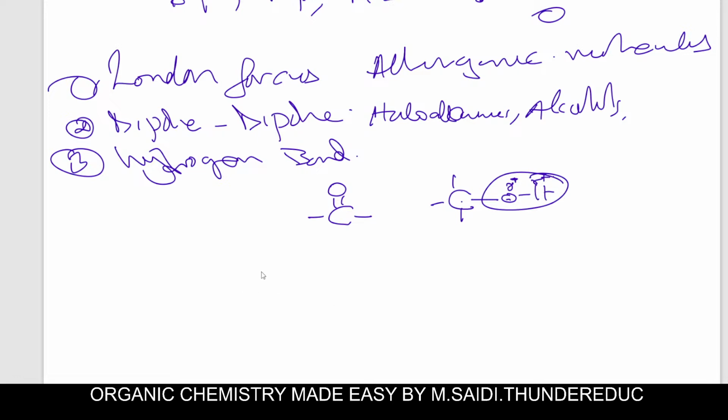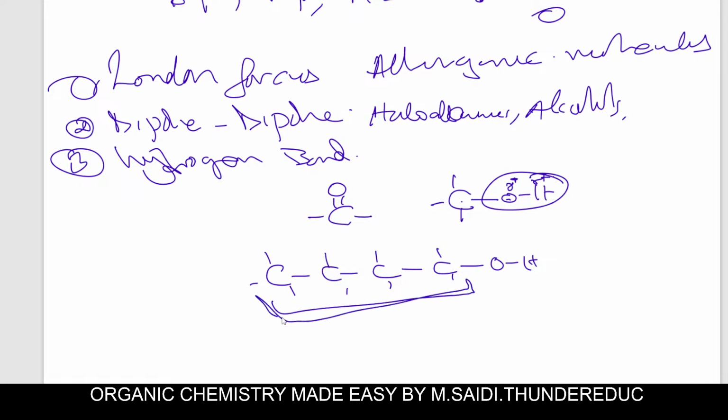But because alcohols, look, I want to show you something. Why do we say that alcohols will have the London force, the dipole force, and the hydrogen bond? If this is alcohol, these are non-polar atoms. Therefore, we're going to have London force here and here.